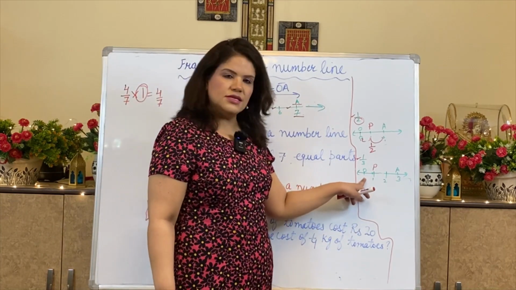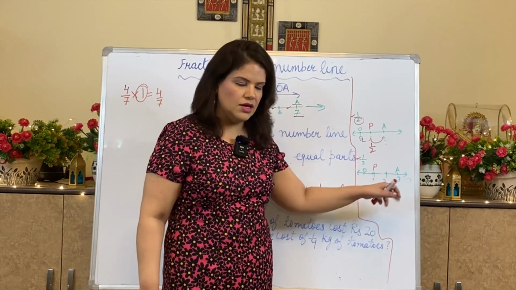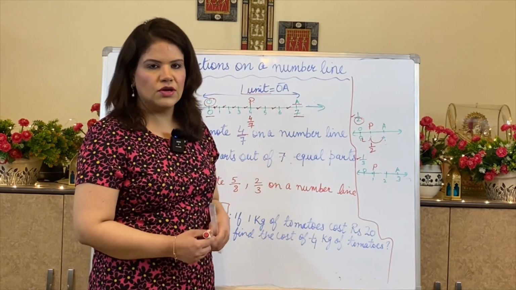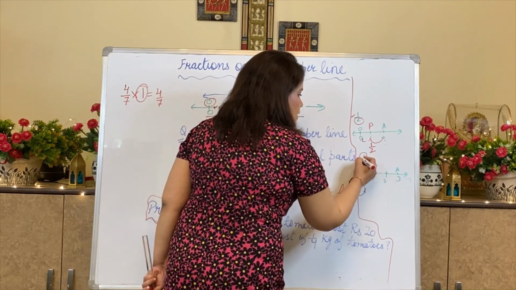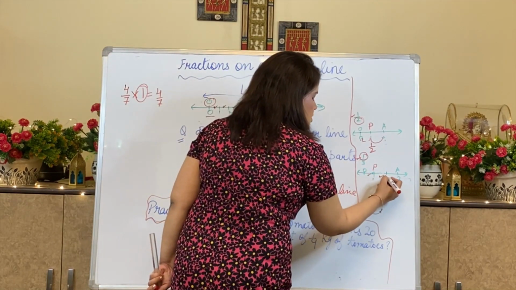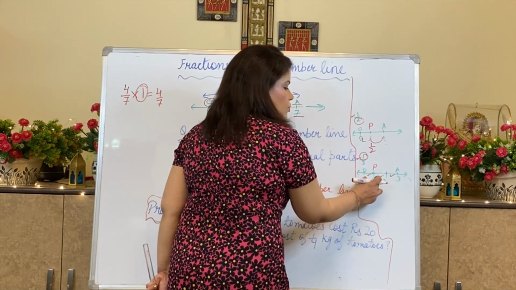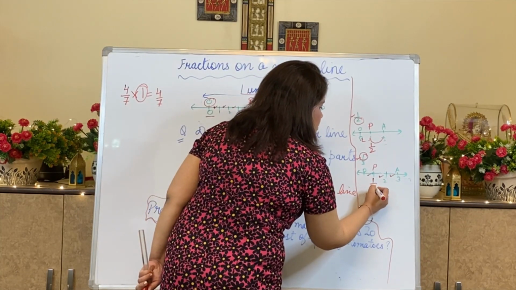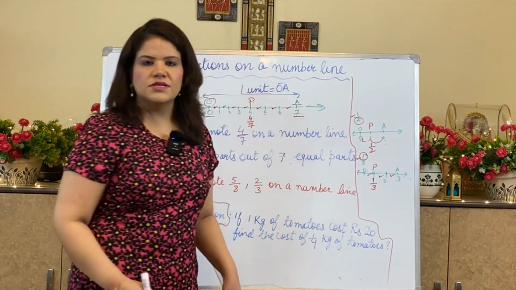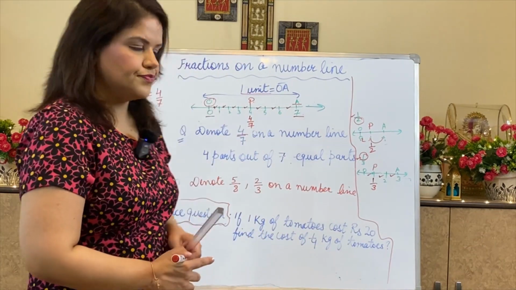O we will take as 0, A we will take as 3 and we will divide it into 3 equal parts. So this will become 1, 2. This is 1 part, this is second, this is third part. I have to take 1 part out of these 3 equal parts. That means this is 1/3. This point P is representing 1/3.